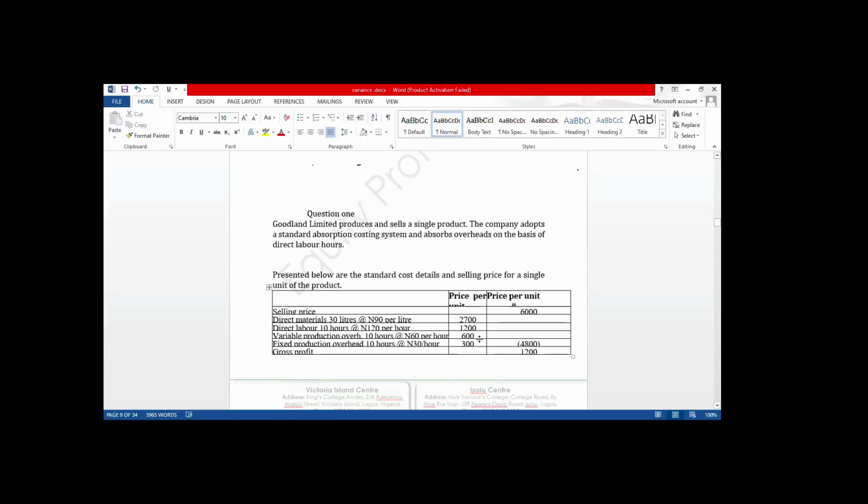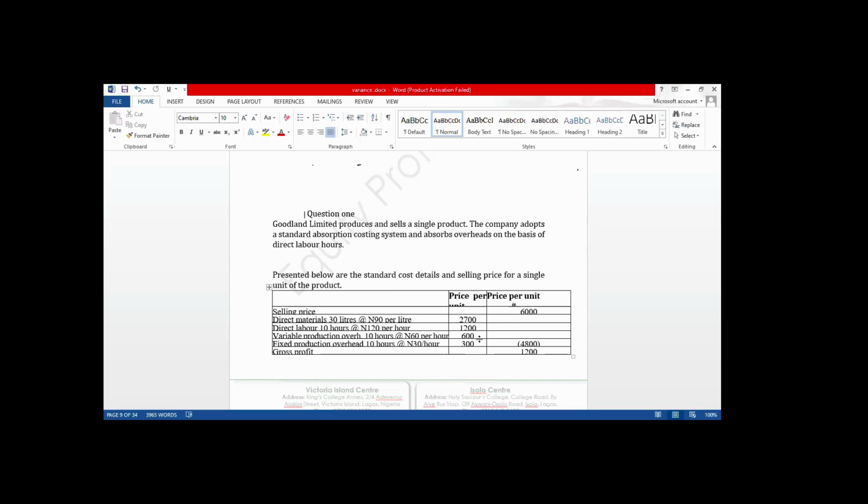That is the standard cost per unit. For me to produce a unit, I'm going to use raw material, labor, variable overhead, and fixed overhead.